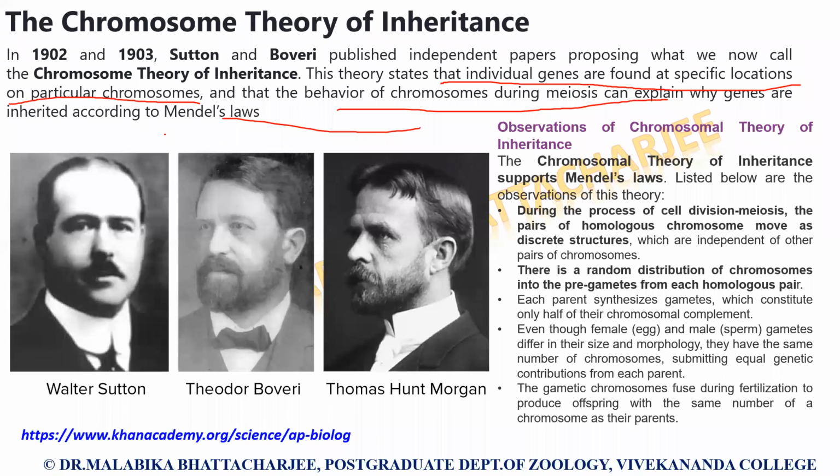When I started today's class, I showed you what happens during meiosis and how the genes get segregated, which bears an extremely interesting similarity with how Mendel's independent assortment occurs. So this was a very famous theory, the chromosome theory of inheritance, put forward by Walter Sutton and Boveri, and this is another person, Thomas Hunt Morgan.